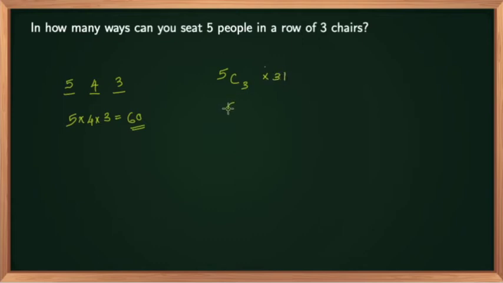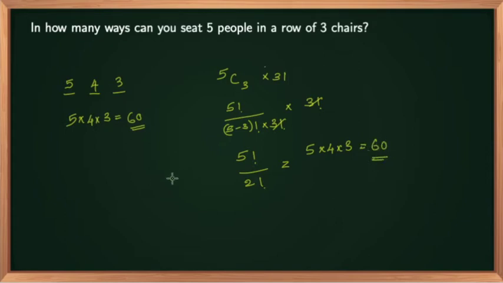So that is 5 factorial divided by (5 minus 3) factorial into 3 factorial into 3 factorial. So we can cancel out these 3 factorials. So it becomes 5 factorial divided by 2 factorial. So that is equal to 5 into 4 into 3 again, which is equal to 60.